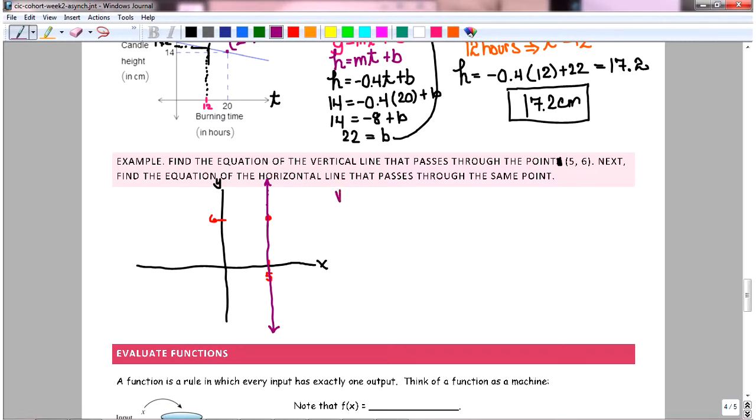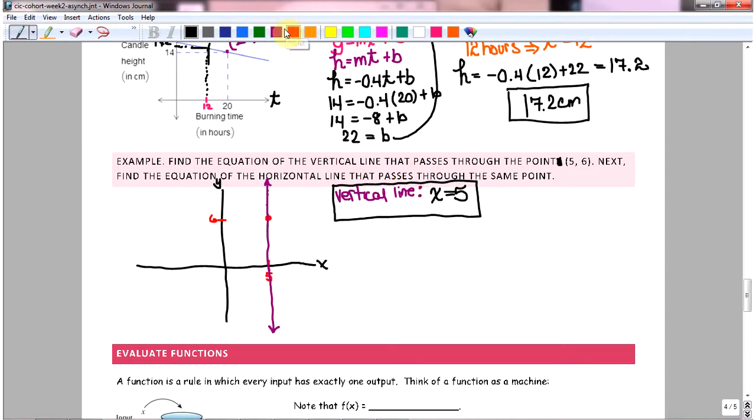So when you write the equation of a vertical line, it's always going to be in the form x is equal to some number. And in this case, our number is 5. And that's the equation of our line. So a vertical line will not look like y equals mx plus b. It'll always be x is equal to a number.